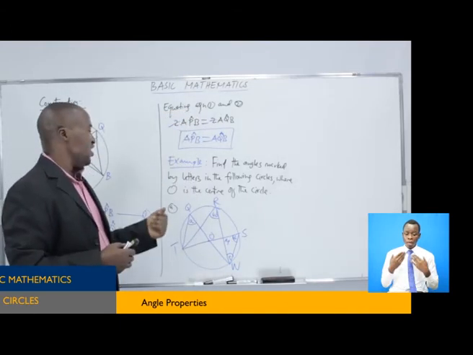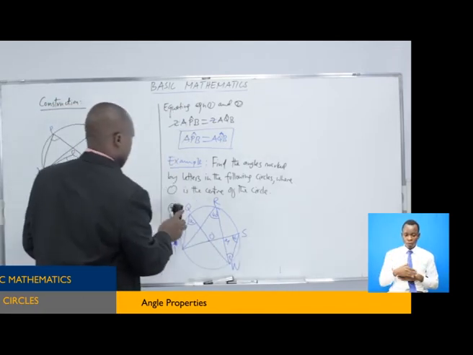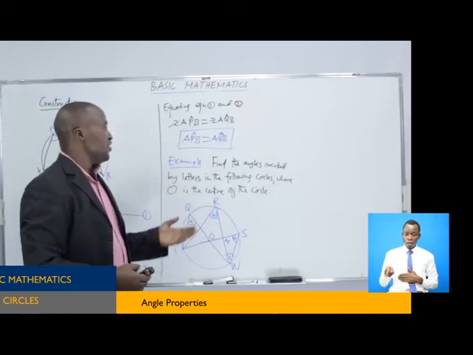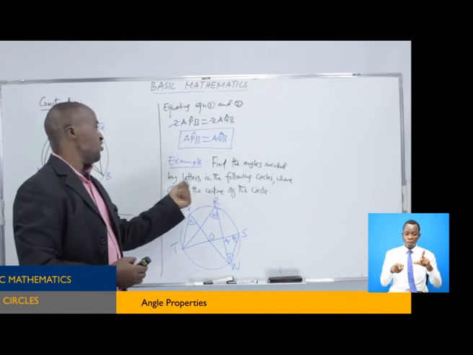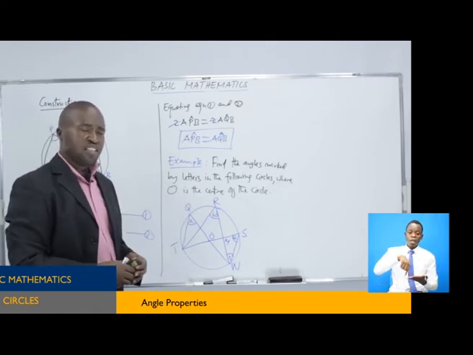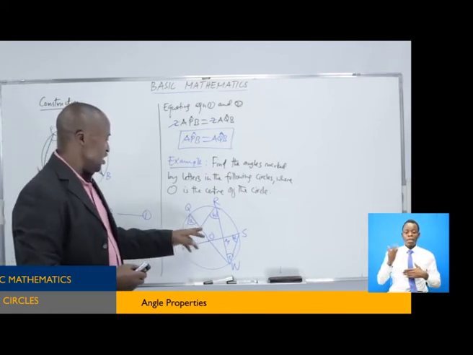So students, this is our question. That is, find the angles marked by letters in the following circle where O is the center of the circle. So here we have three letters, A, B, and C.